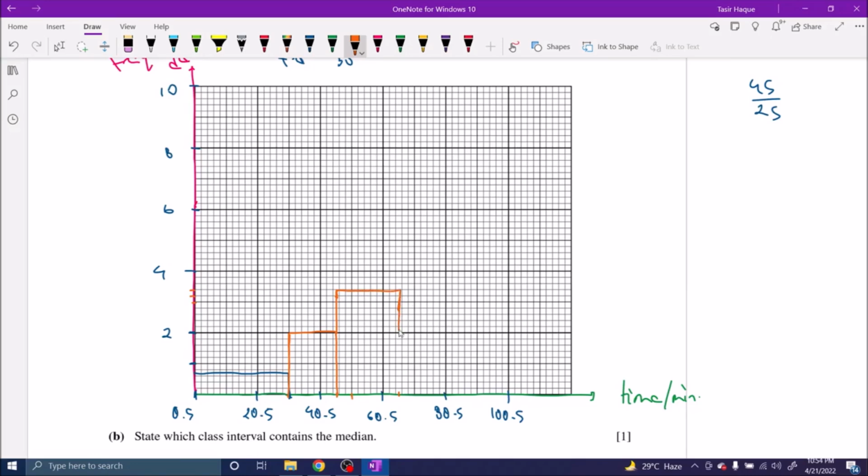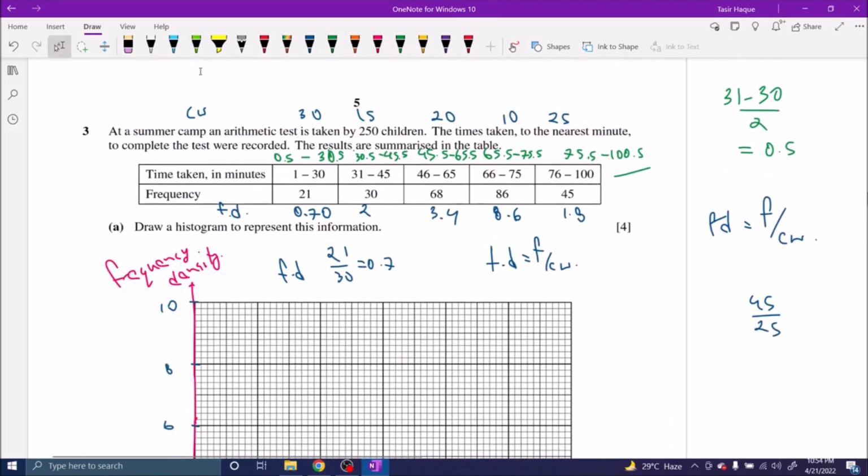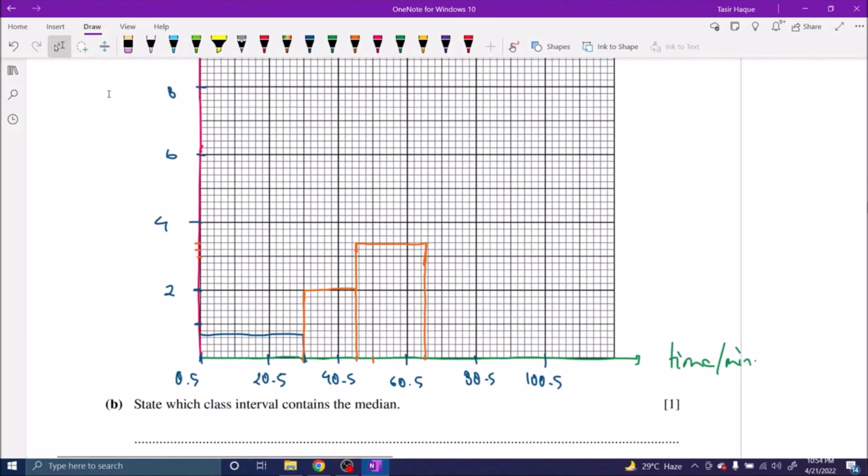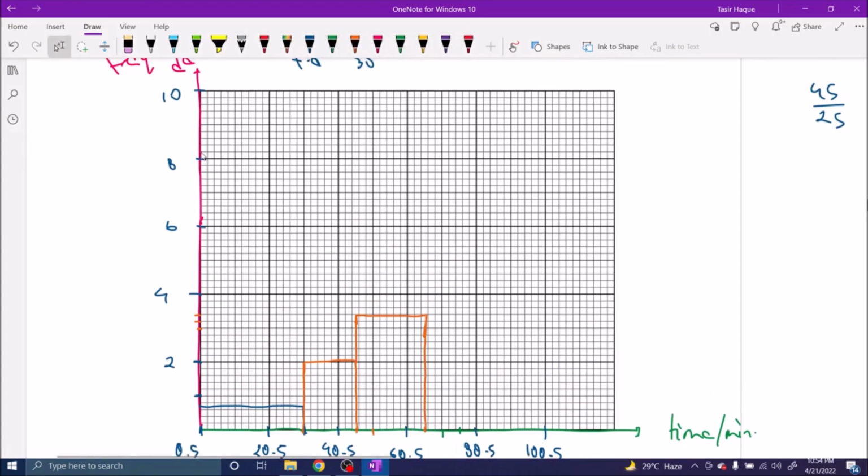If you have a scale, you can draw this better, basically. Now, 8.6 till 75.5. So this is 70.5, this is 75.5, right? So it's going to be 8.6, going up like this.